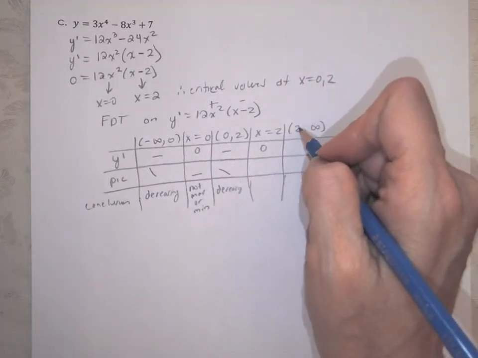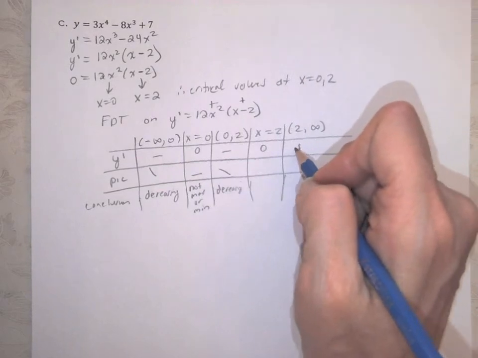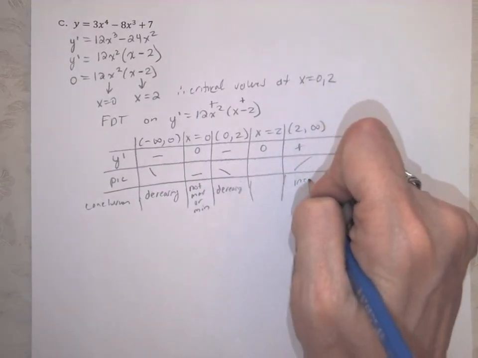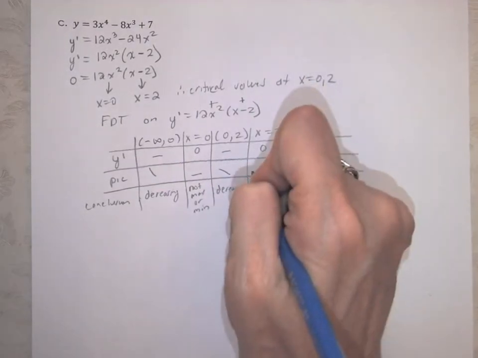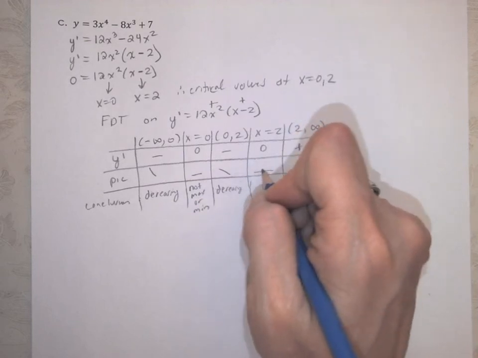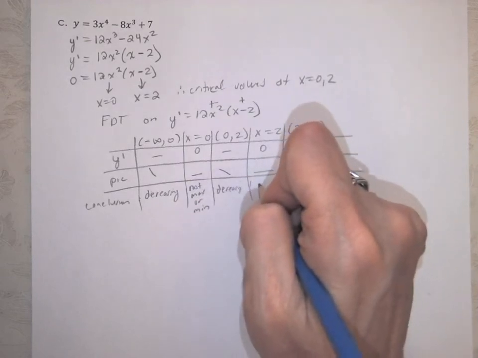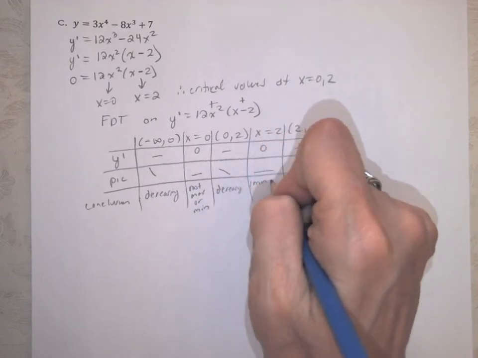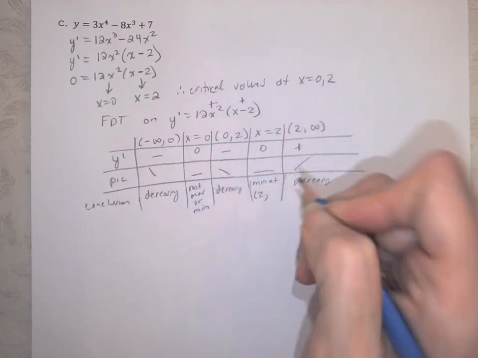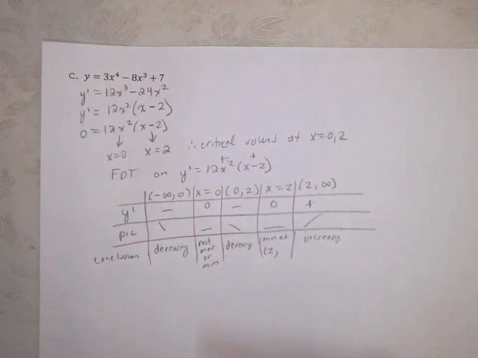2 to infinity is a number like 3, which makes this positive. So we're increasing here, which means that we would have a local min at 2, and then we have to come and sub in here.